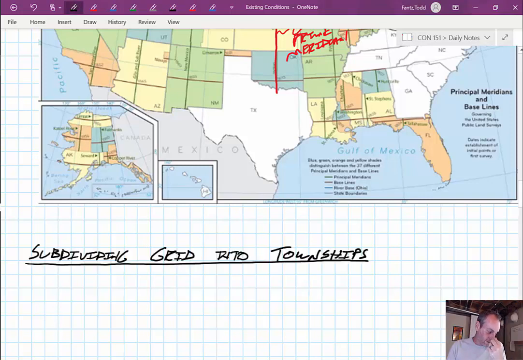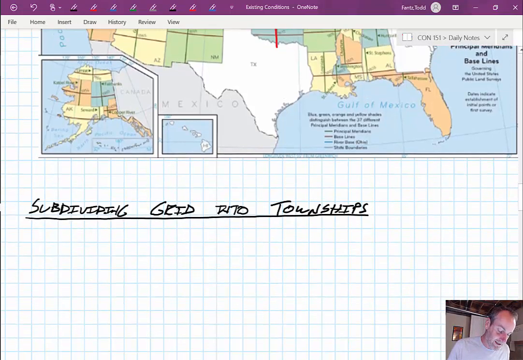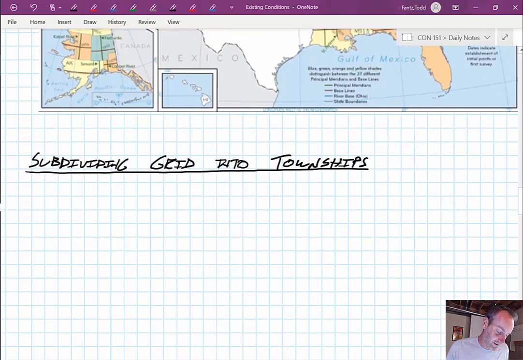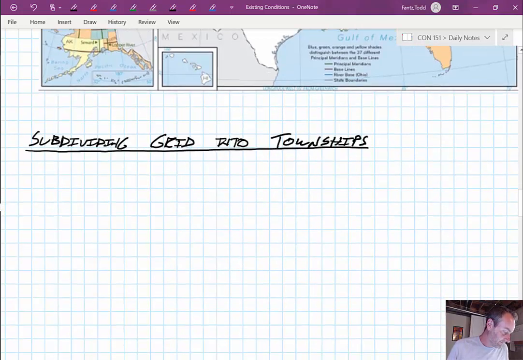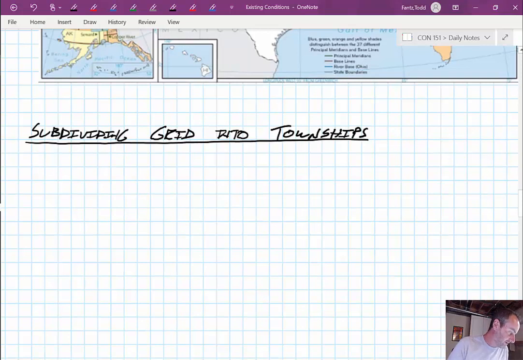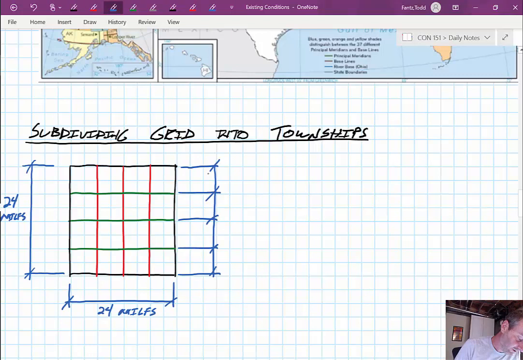We're starting off with the 24 square miles. We're going to divide that into townships, which will be our little designated subdivision. We're starting off with 24 by 24, and our townships will be 6 miles by 6 miles. So if I were to draw this in a grid, it would look something like this, where each one of these is 6 miles.